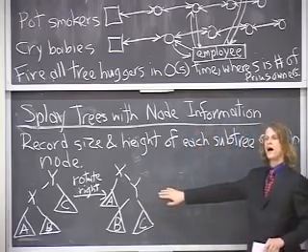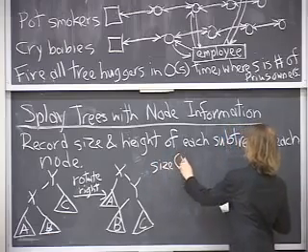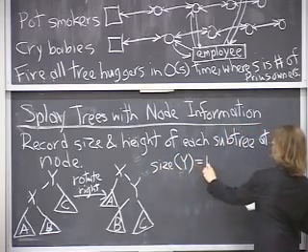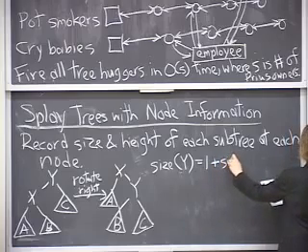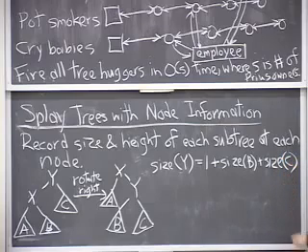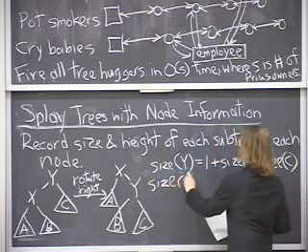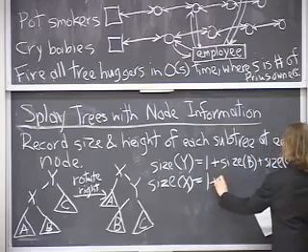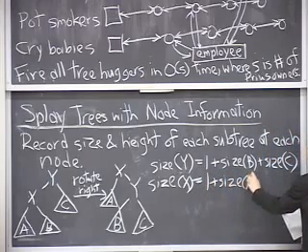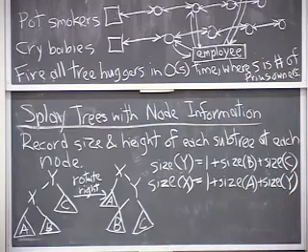First of all, I'm going to update Y so that we have the new information about Y. The size of Y, or the size of Y's subtree, is just 1 plus the sum of the sizes of its children's subtrees. And the same is true of X. Once you've computed Y's size, you can compute X's size the same way. And so after you do the rotation, you just update those two numbers with those formulas.